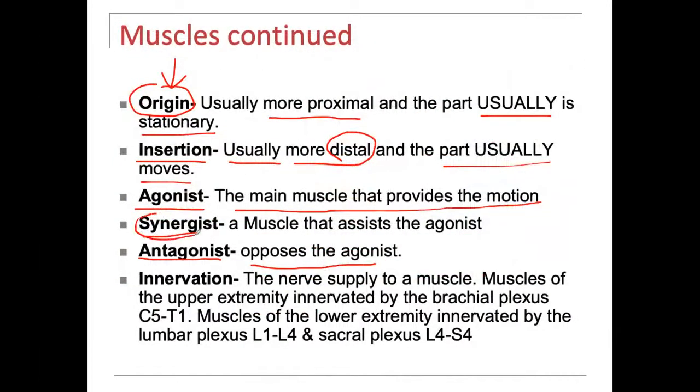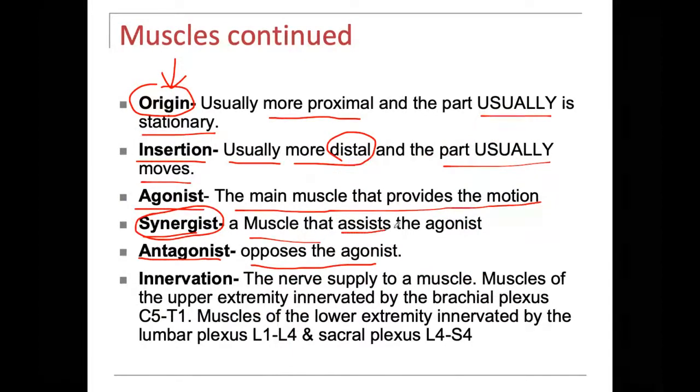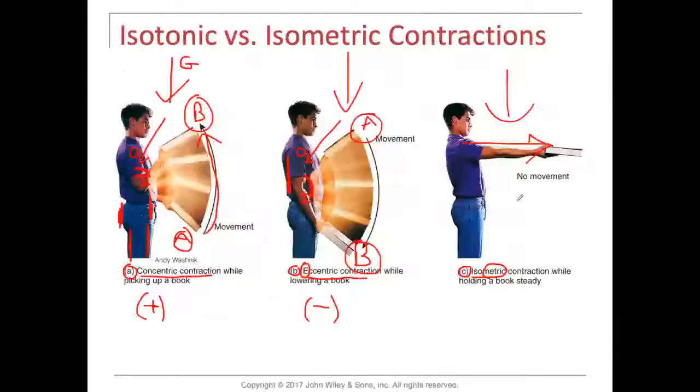Synergist. Synergist is a helper muscle. It is a muscle that's going to assist the agonist. So in this case here, if we're talking about the biceps brachii being a primary elbow flexor, what is a synergistic muscle? That means that's another way of saying, hey, what's another muscle that can also flex the elbow?